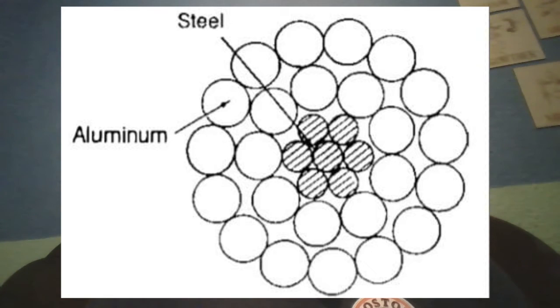Symbols identifying different types of aluminum conductors are as follows: AAC, all aluminum conductors; AAAC, all aluminum alloy conductors; ACSR, aluminum conductor steel reinforced; ACAR, aluminum conductor alloy reinforced. In the picture we can see an example of ACSR.